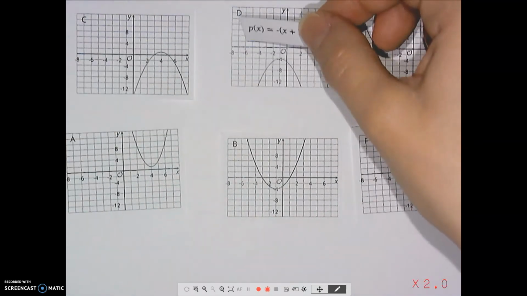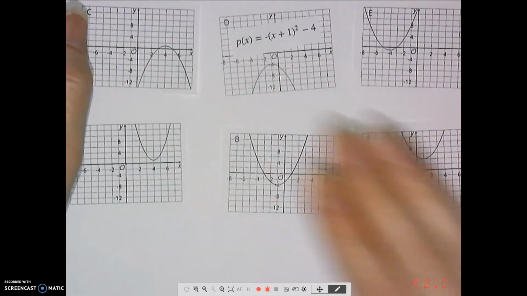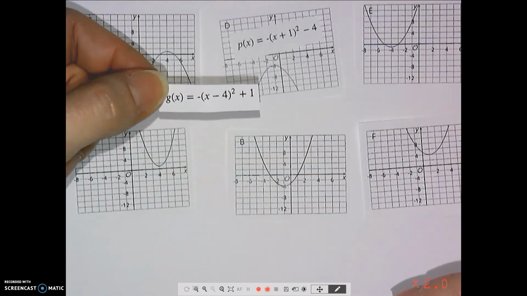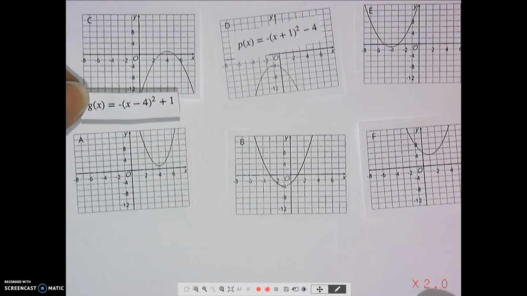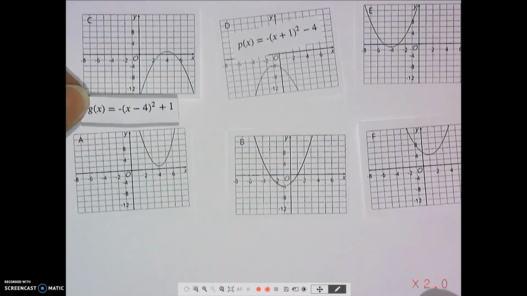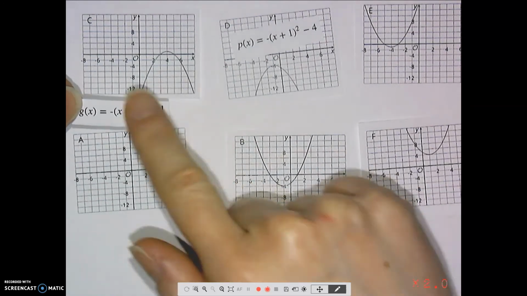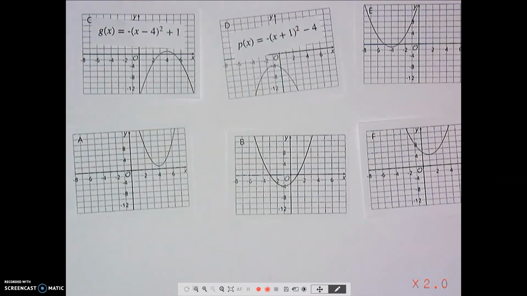That is graph D. Here's another one that is negative: g of x equals negative 1 times the quantity x minus 4 squared plus 1. The only other one that faces down is graph C. It does have a vertex at (4, 1). You have to be careful with what they're counting by on this one. In this case, they're counting by 2's on the y-axis. So that matches there.